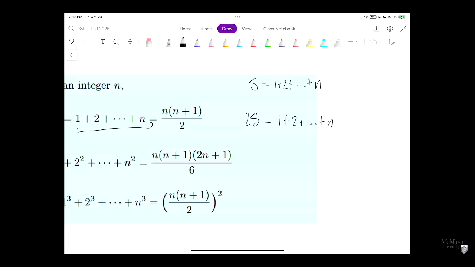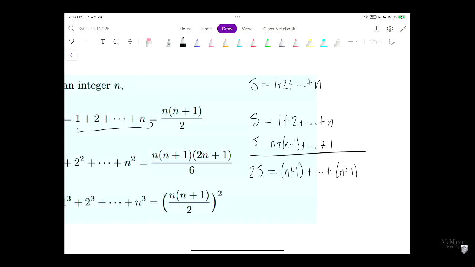So let's do it in reverse. We'll do it n plus n minus 1 plus ... plus 1. So we'll add this together here, S plus S. So 2S is equal to n plus 1 plus n plus 1.